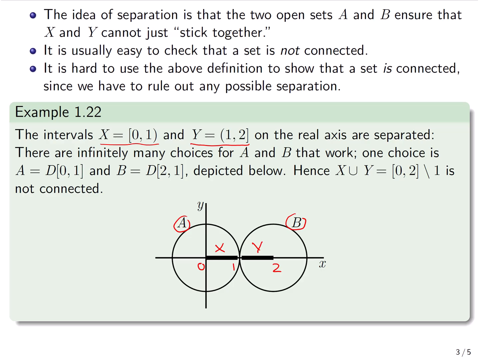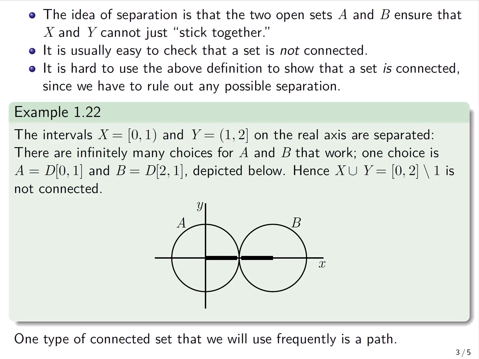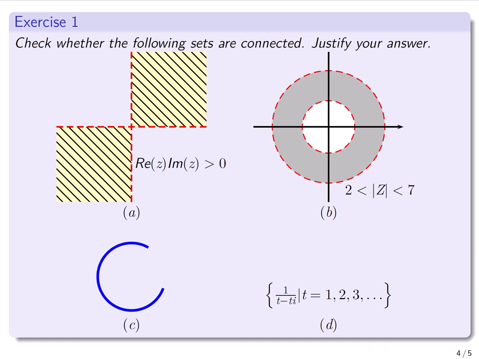Hence the union X union Y, which is the set 0 to 2 with 1 removed, is not connected because you can separate them. The type of connected sets that we need for this class is what we call a path, which we discuss in the next video.